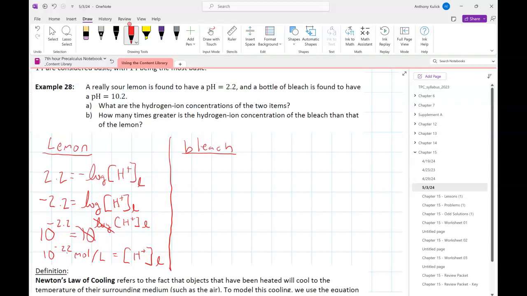Okay. So if we want to do the same thing for bleach, we do the exact same setup, right? I'm going to put a little B subscript on there for bleach. What are we going to get?